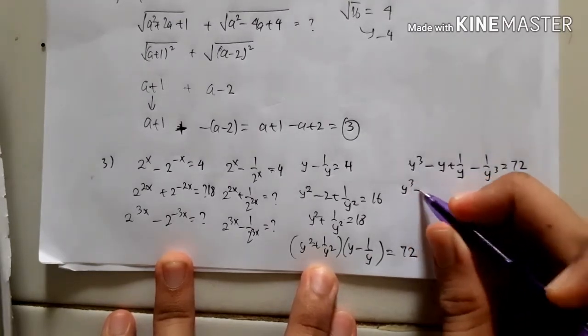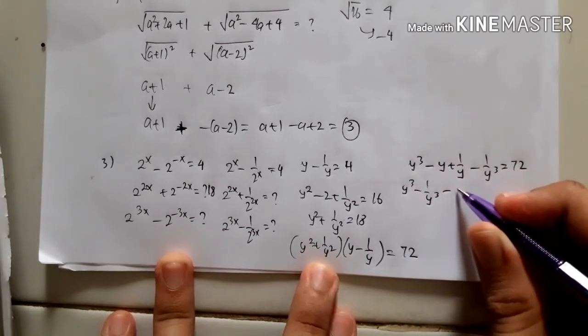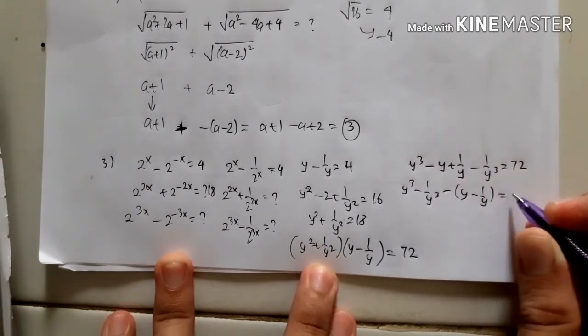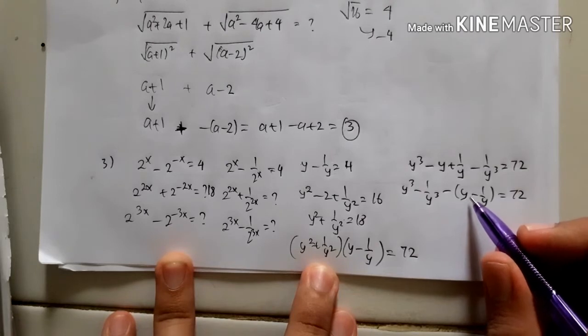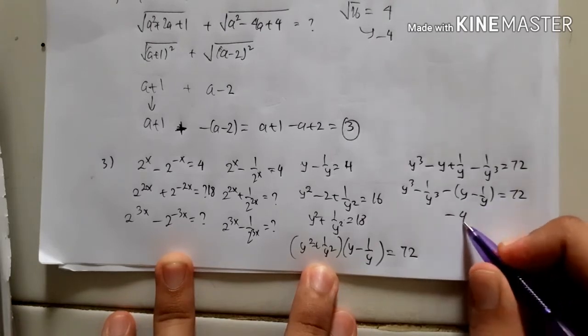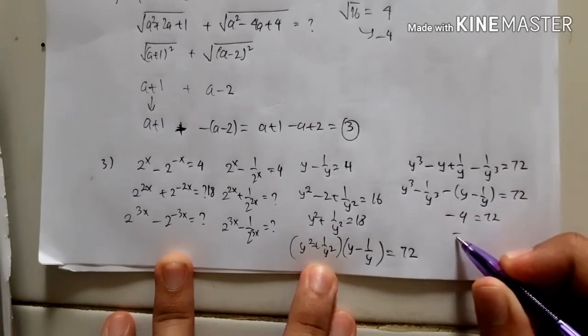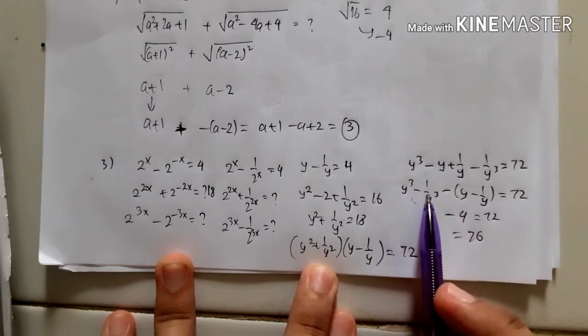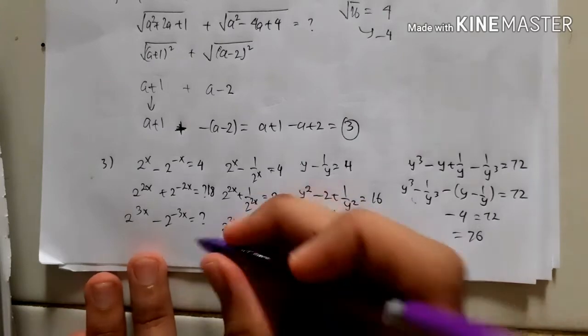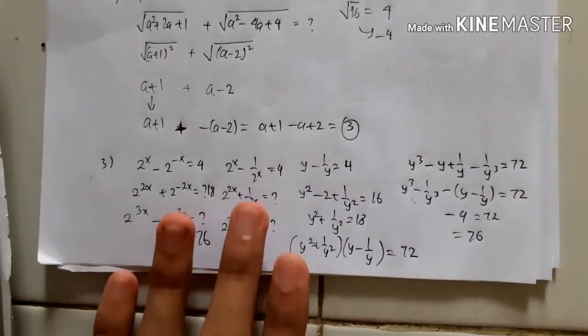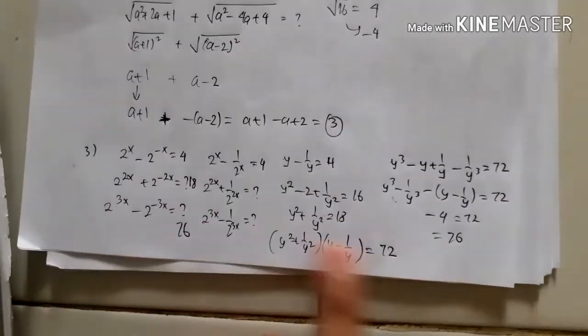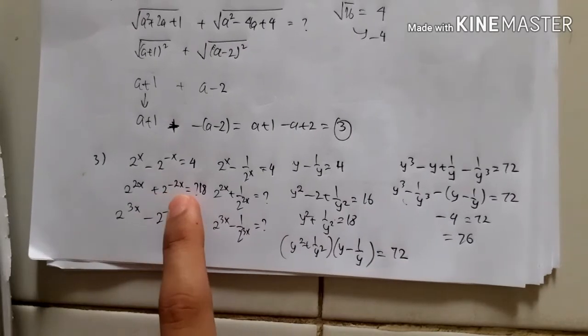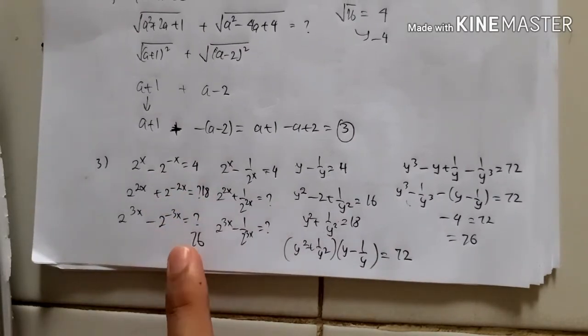Now you can see that we form here minus 4, and that becomes 76. So y to the power of 3 minus 1 over y to the power of 3 is 76. So that is for number 3. The answers are 18 and 76.